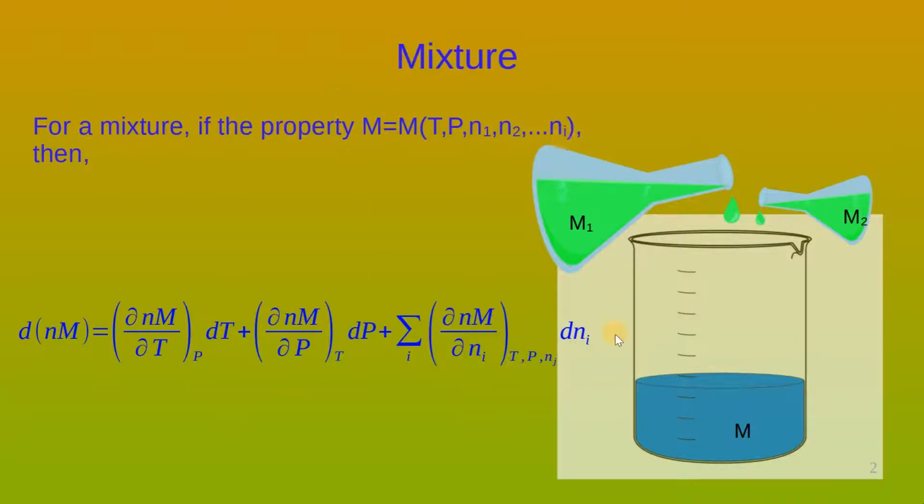And yes, for this mixture, let's say internal energy depends on temperature, depends on pressure, and also depends on the relative concentrations of species 1, 2, 3, 4, 5, 6, whatever the species are there in this mixture. It depends on their relative quantities.